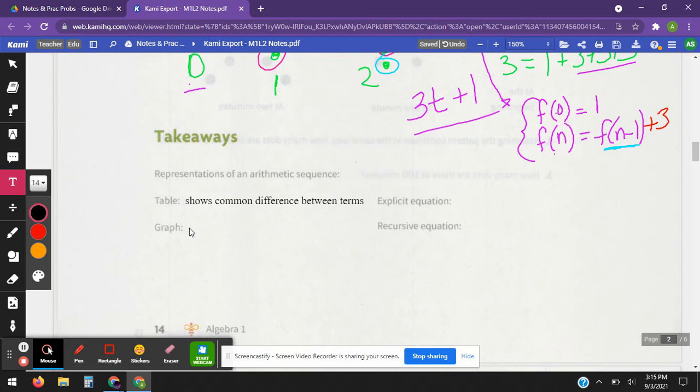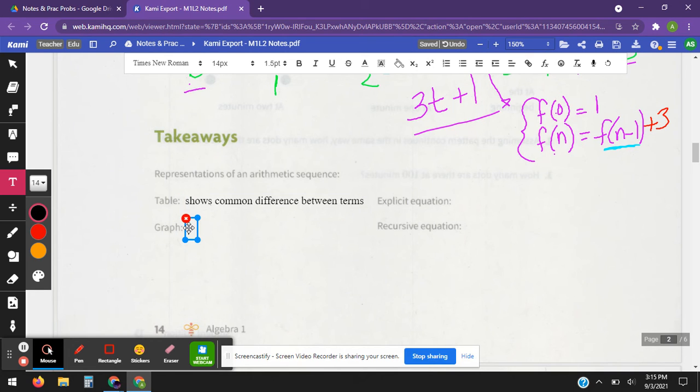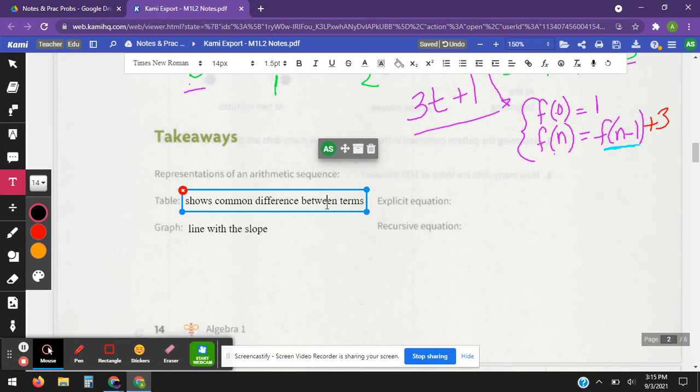Okay, my graph will then show my line with the slope. The explicit equation, oh, and in this case, let's do it specifically to our one up above.